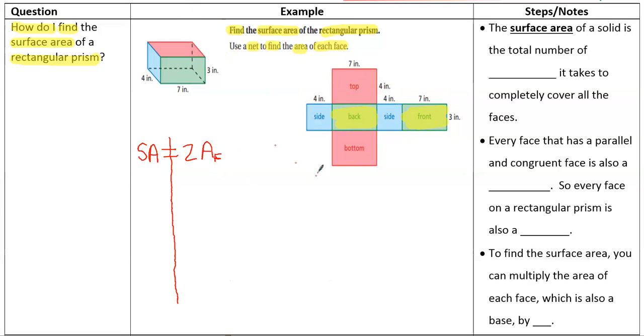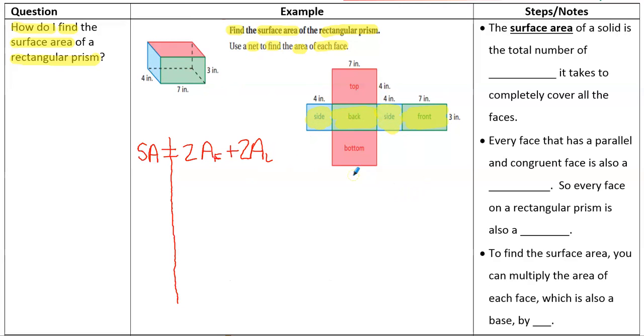Well, what other 2 are identical? How about this blue left side? We'll put L for left side. If I find the area of this left side, which rectangle is identical? Well, the right side. You can't see it, but it's over here. So if I multiply that left side by 2, I've now found the area of both the left side and the right side.